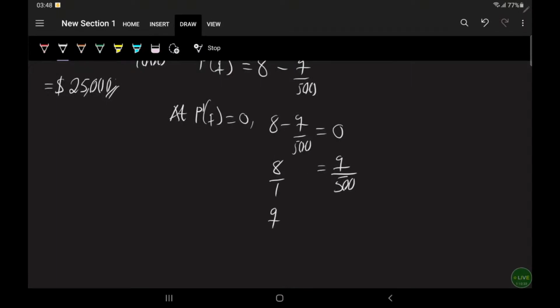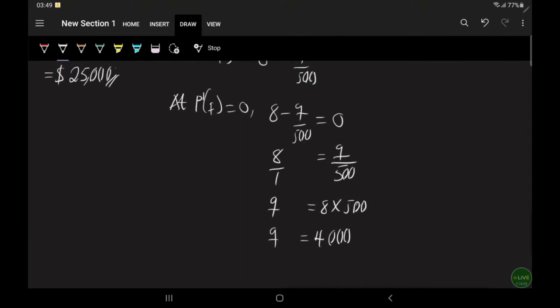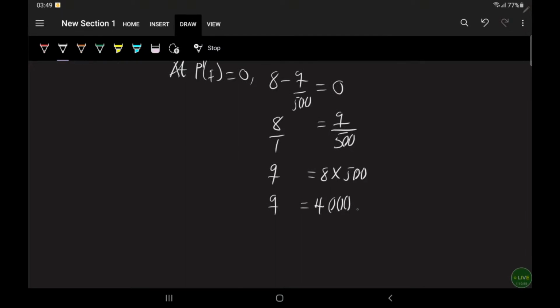So therefore my Q is going to be 8 multiplying 500, and therefore my Q should be equal to 4,000. So for us to maximize our profit, we need the production level of 4,000. That will help us to maximize our profit. I believe that is clear.